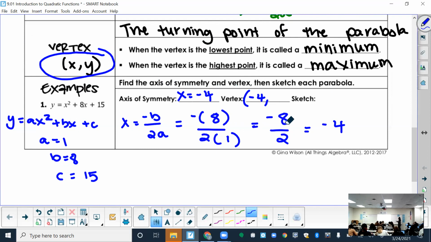So then we know what the x is. Anyone have an idea of how I can figure out what the y is? Not the c. You plug in the x, and I plug it into the equation that I was originally given.